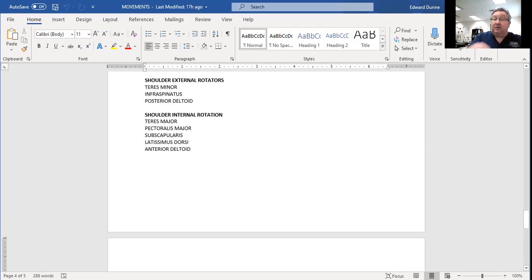Infraspinatus is on the posterior side of the scapula, and it's inferior to the spine of the scapula in the infraspinous fossa, and it too inserts into the greater tubercle of the humerus. The posterior deltoid is above those muscles.